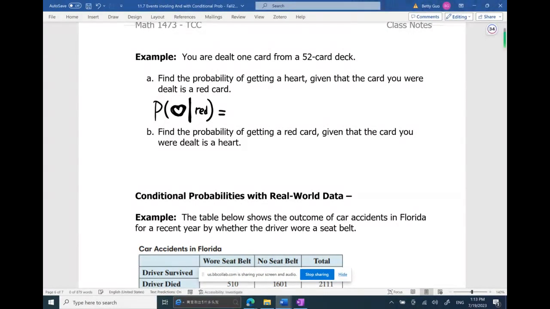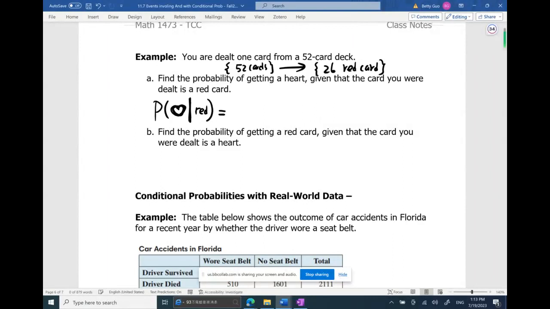So the probability of getting a heart, given that the card you were dealt is a red card. Remember, when you consider conditional probability, your original sample space shrinks. The original sample space is the 52 cards in a deck. Since you attach a condition, what condition? You know the card you get is a red card already. So half of them are red, the other half are black, right?